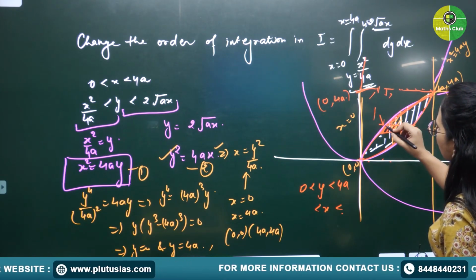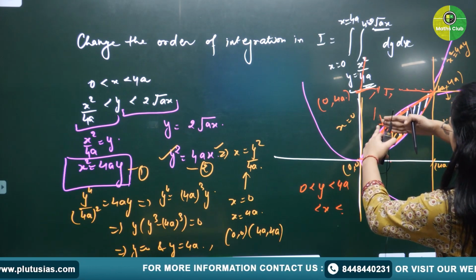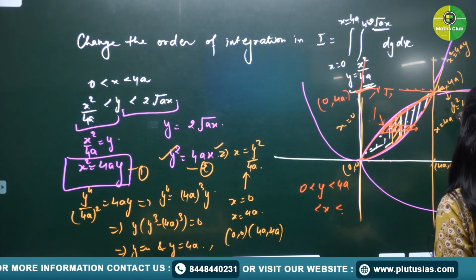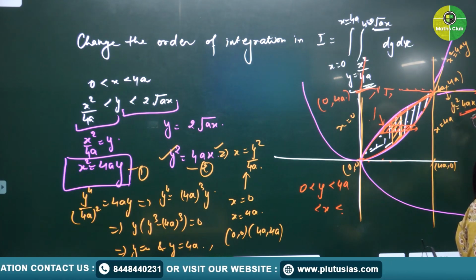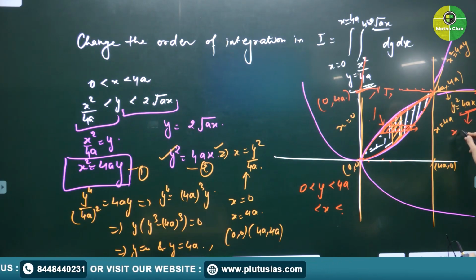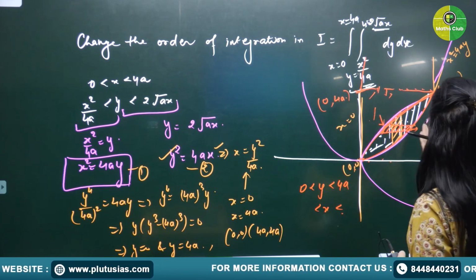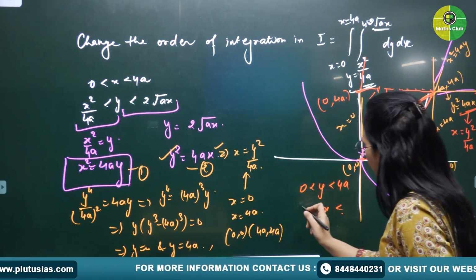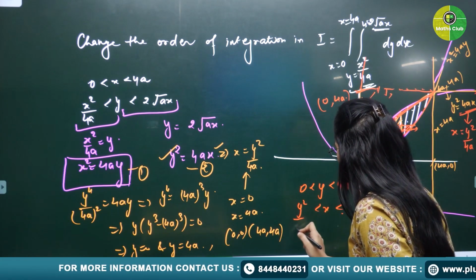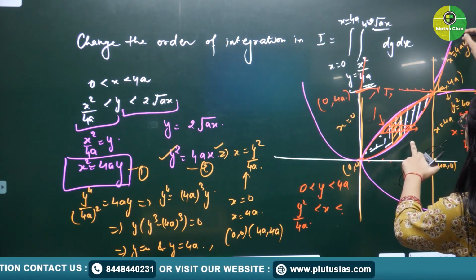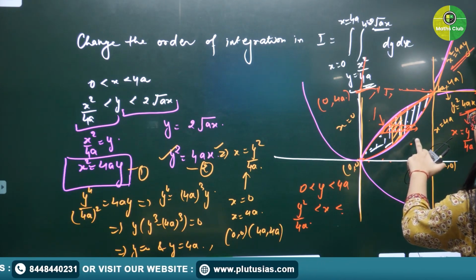So the limit of x would be fixed by this side, from this equation, and this equation is y square is equal to 4ax. So from here we get x is equal to y square by 4a. So from here to here we need to go, and this limit becomes y square by 4a. Again, the upper limit is given by this curve, and this curve is x square is equal to 4ay.